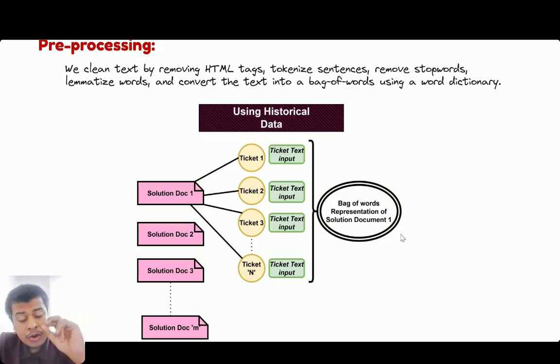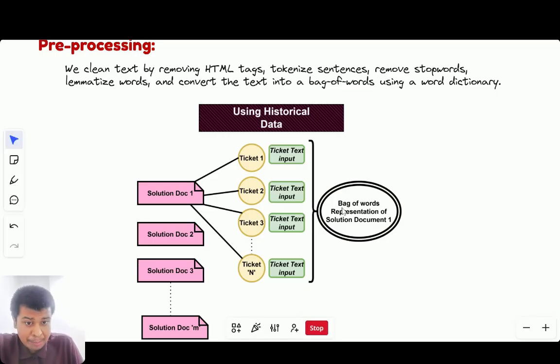We'll have a separate video briefing the details of how the conversion to numerical form happens in each technique. For now, just remember that they are using bag of words representation to make this text understood by the model.